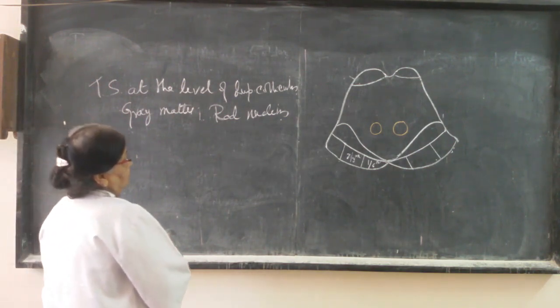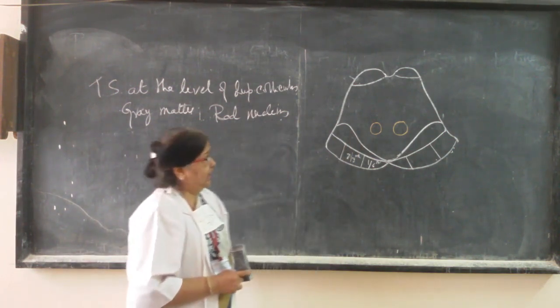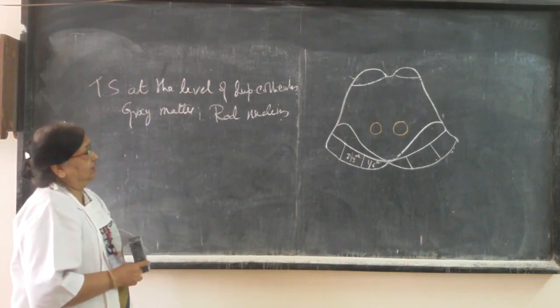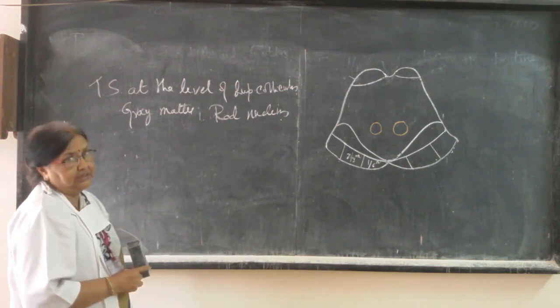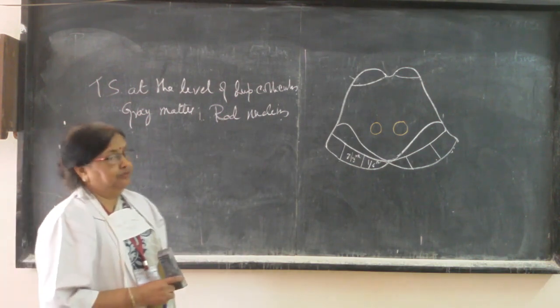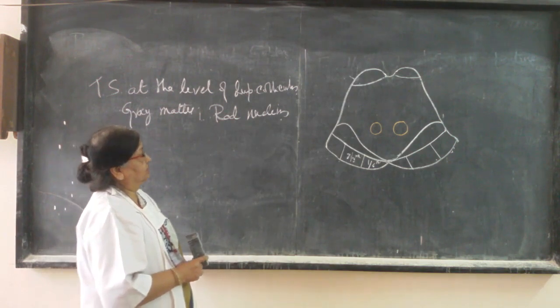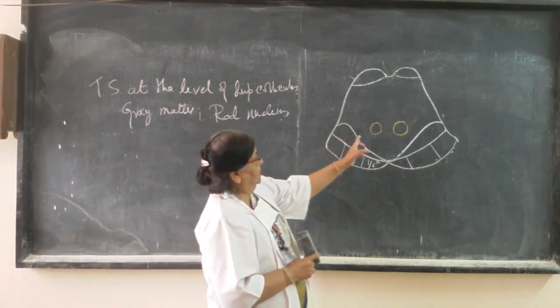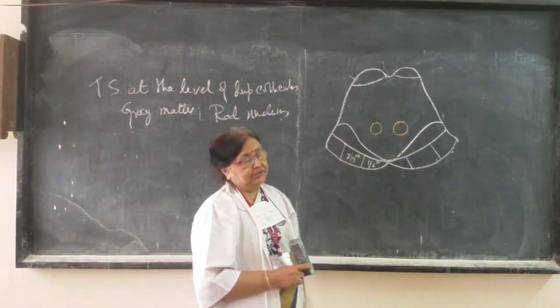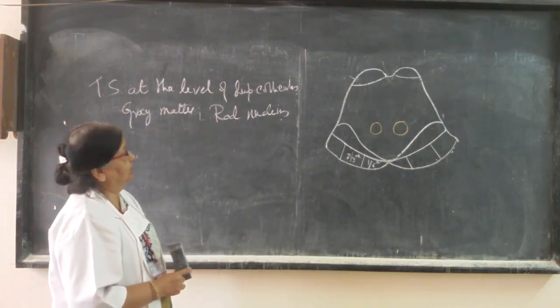Small cells are present in all parts of the red nucleus, and the large cells, which are phylogenetically older, are found in the caudal part. The red nucleus extends up to the subthalamic region.